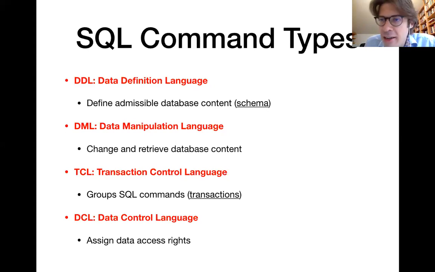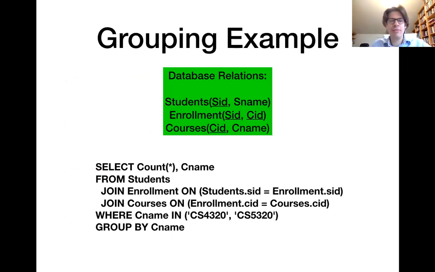Now, for the data manipulation language, we have focused a lot on queries that allow you to analyze data. Here, for instance, is one of the example queries that we have seen. It refers to a database with three relations: students, enrollment information, and courses, where the enrollment links students to specific courses.